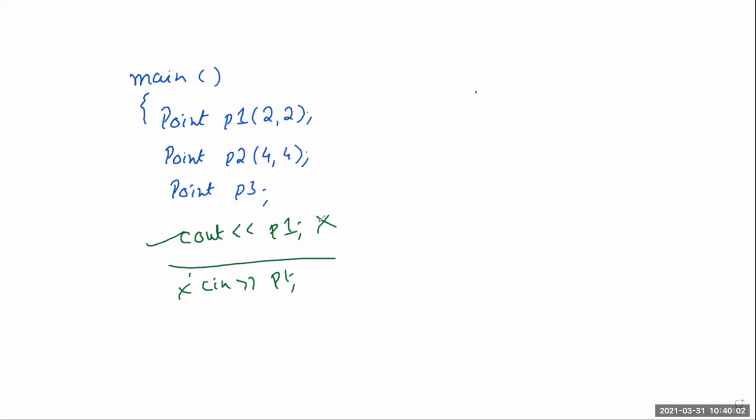So if you want to achieve this, you can make a function, p1.print or display. You call this function, and in this function you are displaying X and Y. So please be careful. Other than the assignment operator, you cannot use any operator with objects of classes.